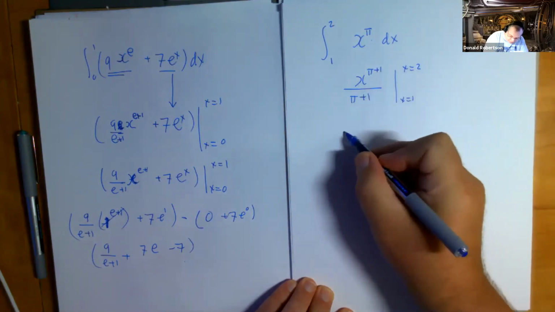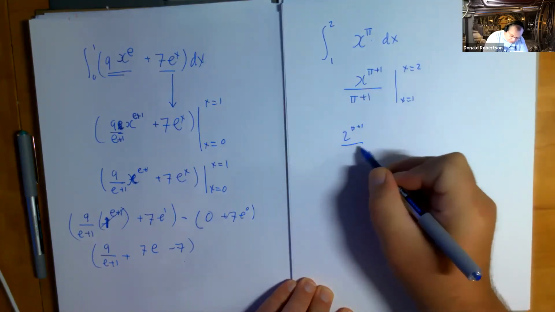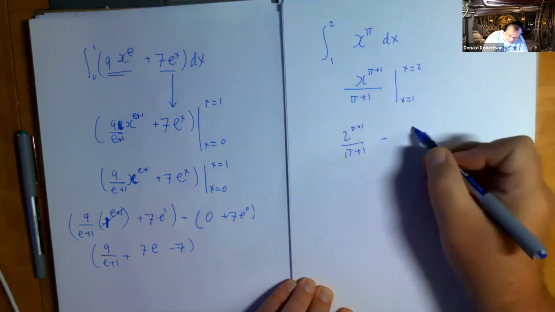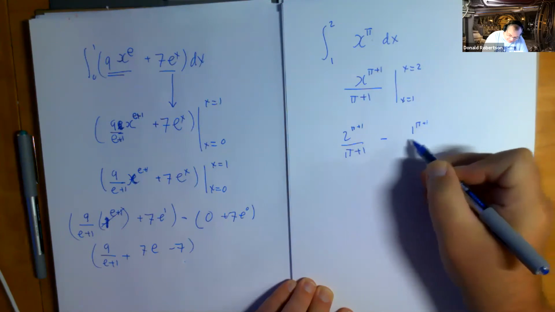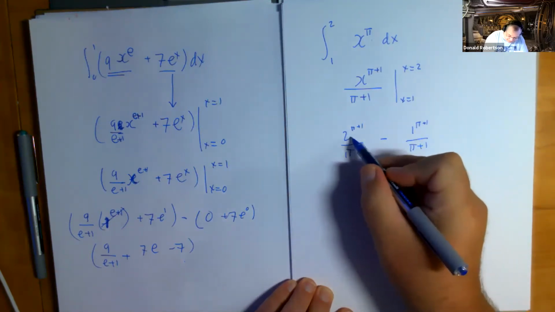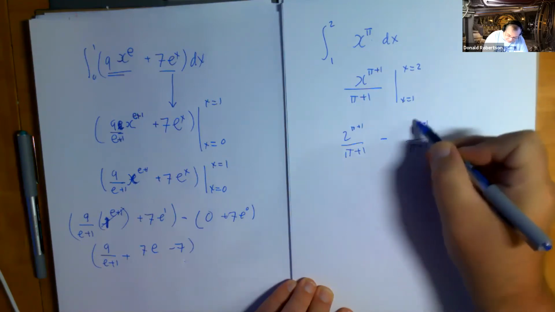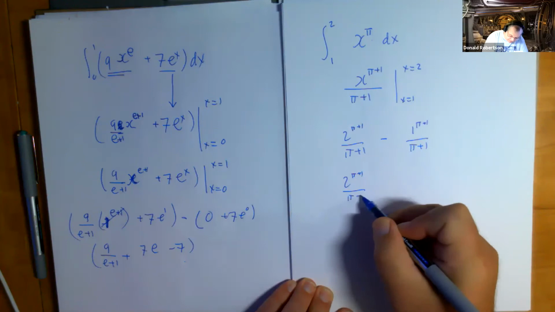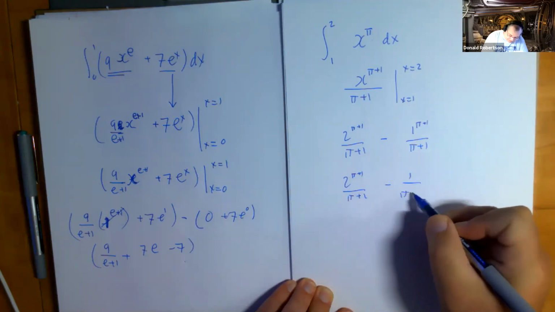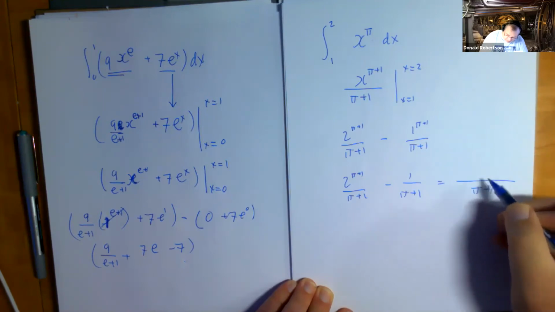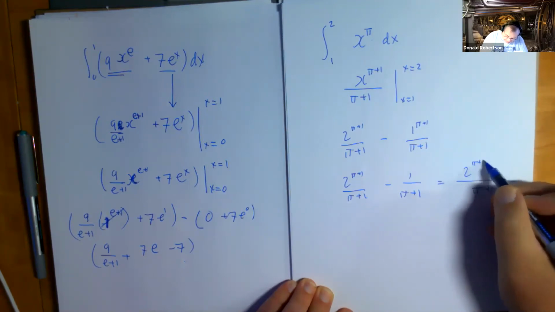Plug in 2, you get that guy. Plug in 1, you get that guy. This fella in particular is just 1. And since they share a common denominator, we could probably do that.